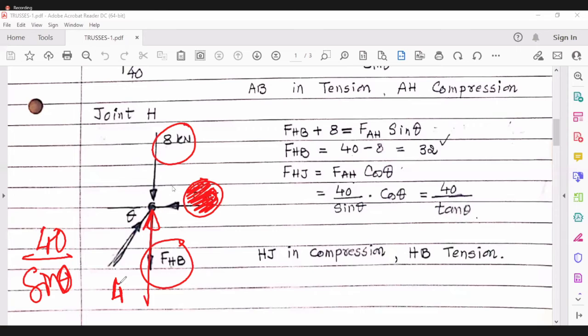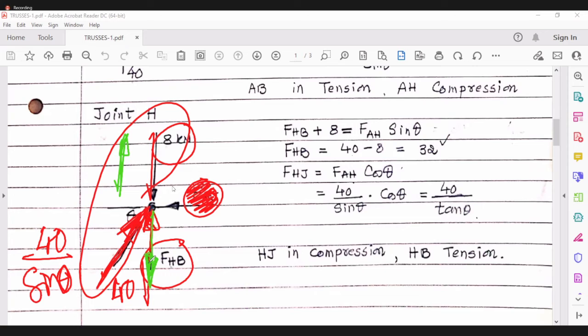So the vertical component of this force is 40 only. So here 8 downward, 40 upward. Because of these two, I have a net force of 32 upward. So HB must be 32 downward.